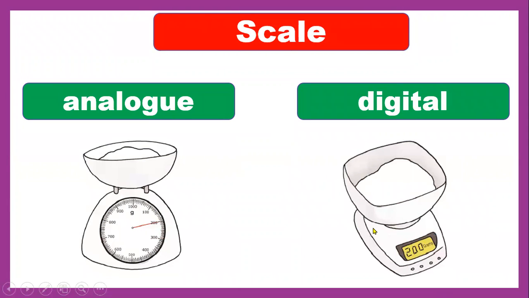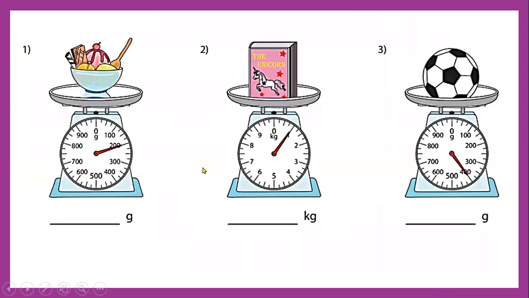But in a digital scale you can find a screen with a number on it. So this is round shape and this has a screen with numbers. So analog and digital.